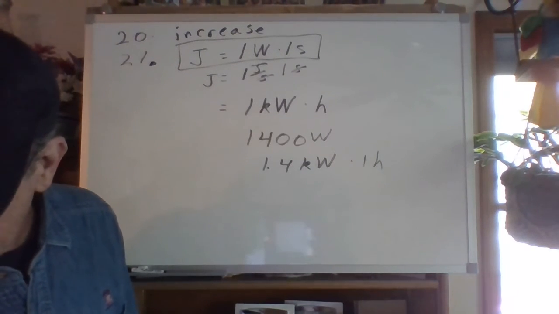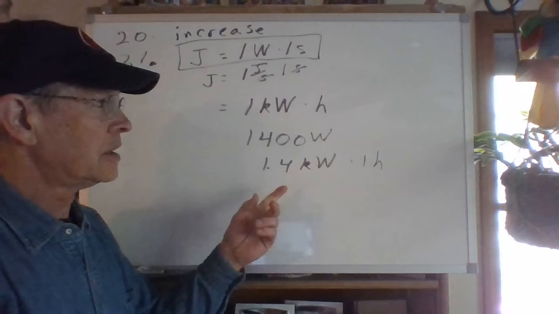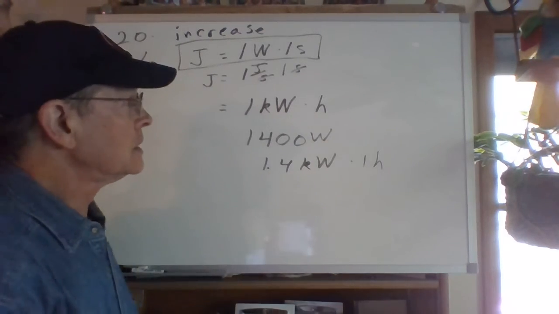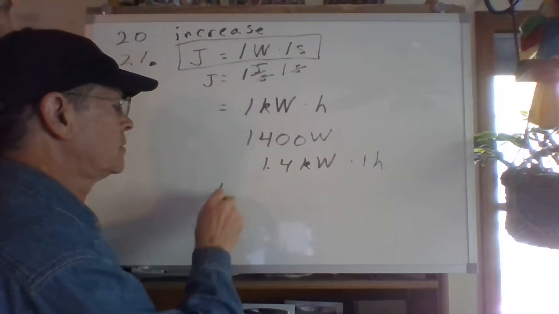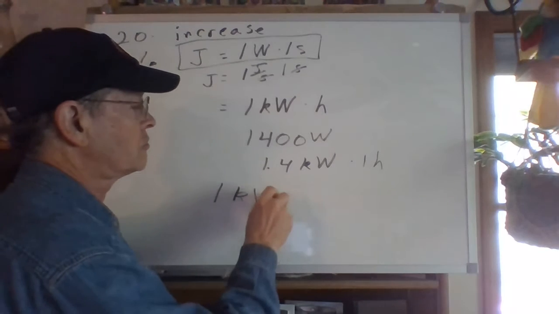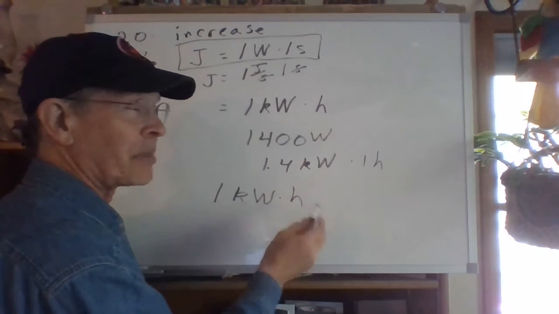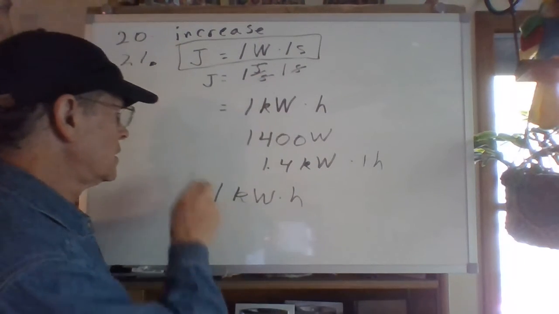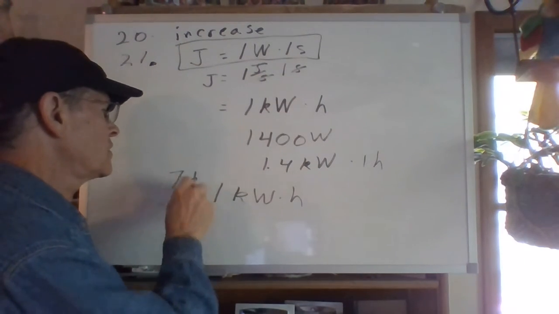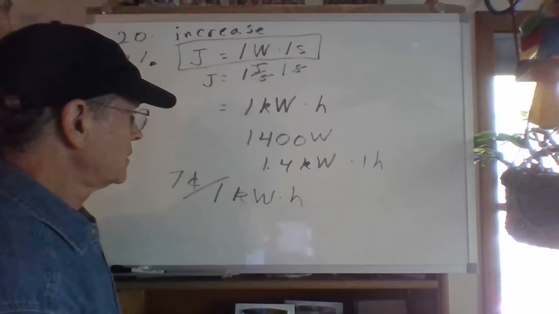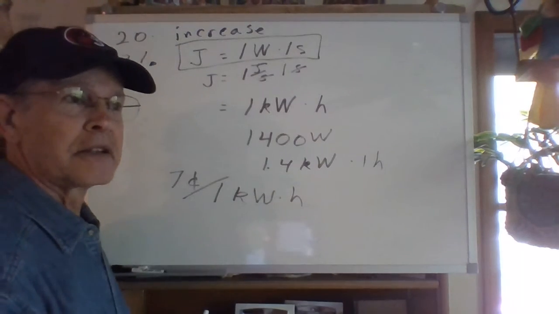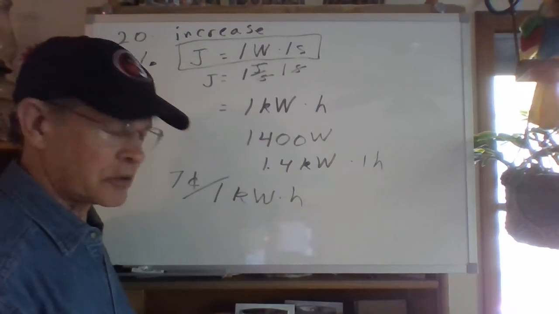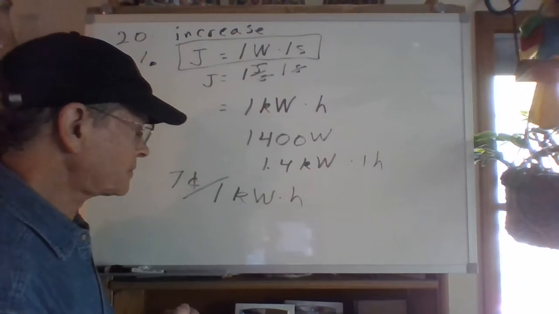Let's see, going on. And by the way, one kilowatt hour of electricity is about 7 cents, something like that. 7 cents per kilowatt hour. That's the electricity rate. It varies, of course, by location.